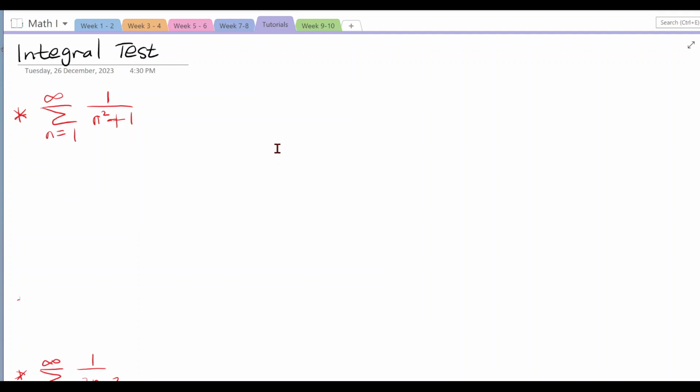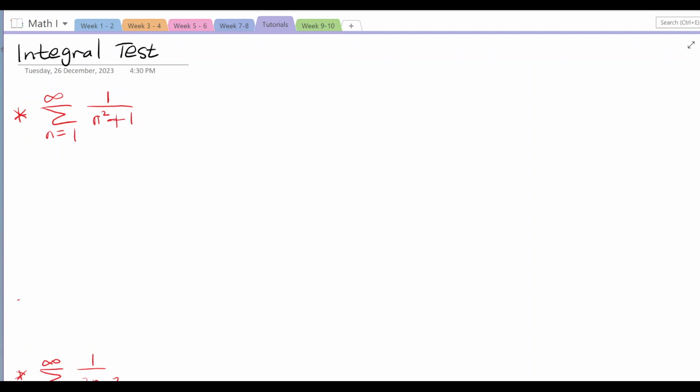So number 1, if we substitute the value of n equals 1, we get 1 over 1 squared plus 1, which is 1 over 2, which is half, and therefore it is positive. So it meets requirement number 1.